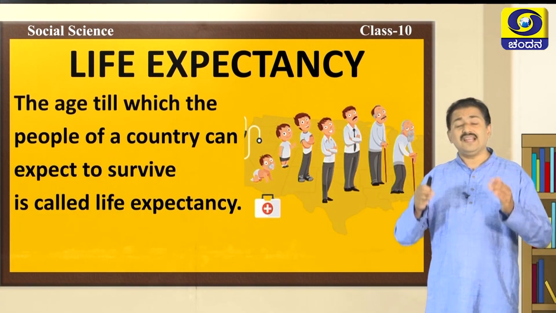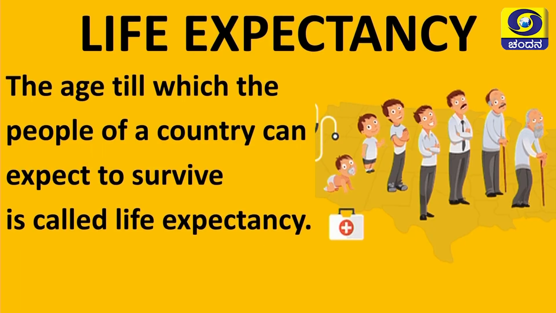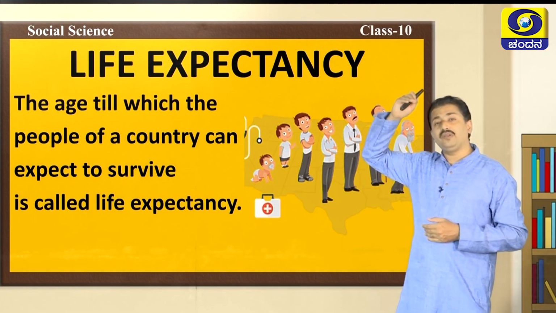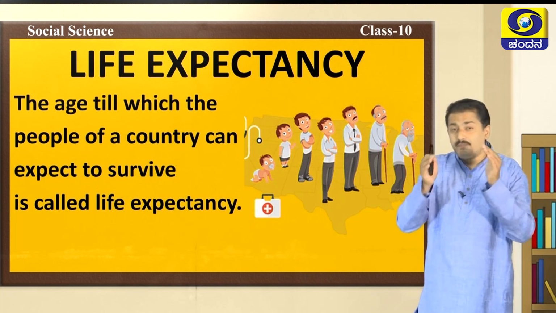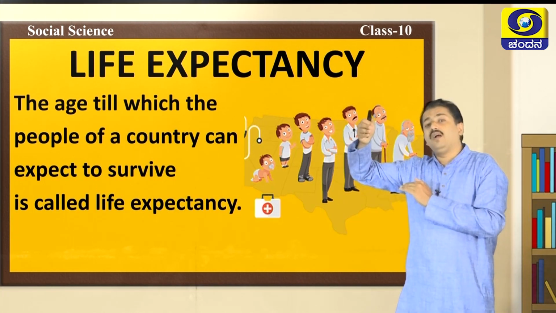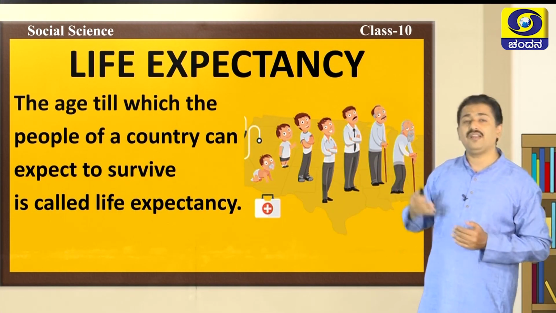Now, let us see the life expectancy. What is life expectancy, dear students? Life expectancy means the age till which the people of a country can expect to survive. For example, in Norway it is up to 81 years and in Russia it is up to 80 years. I mean, people are expected to live up to 80 and 81 years in Russia and Norway respectively.